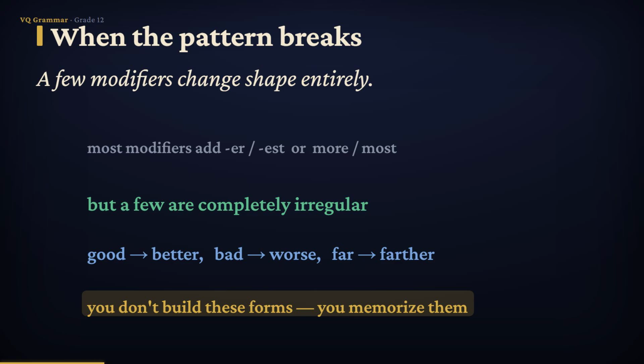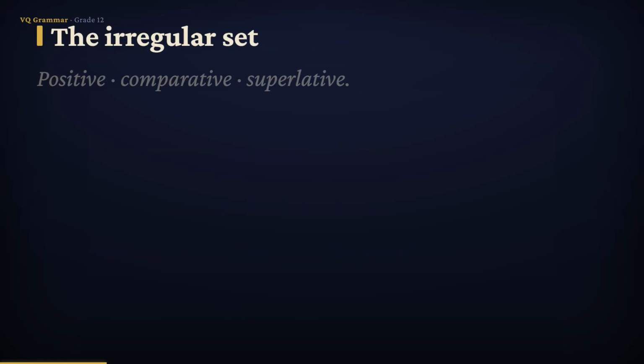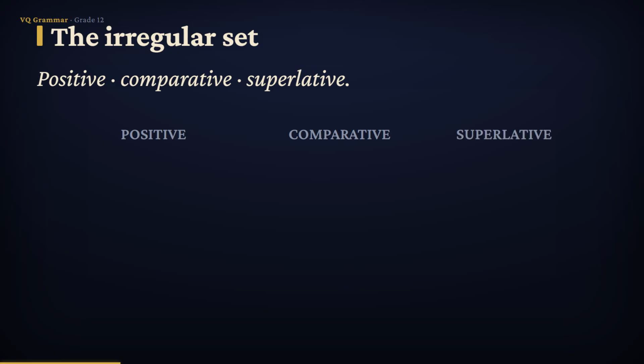Let me put the whole set on a single board. Here's the whole irregular set laid out on one board. There are 3 columns, the positive form on the left, then the comparative in the middle, and finally the superlative on the right. Let's walk down them. Good becomes better, and then best. Bad becomes worse, then worst.